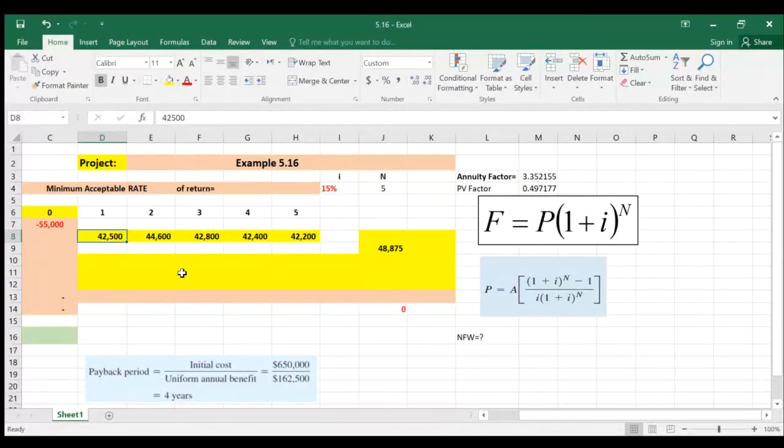Similarly, what will be the future value of this amount? Okay, sorry, my correction here.